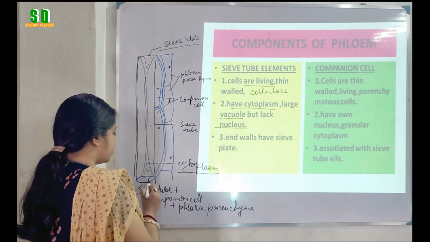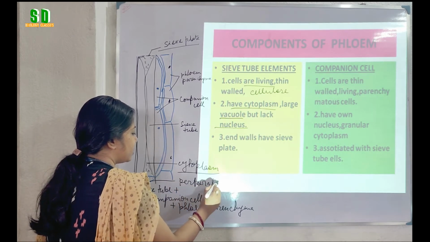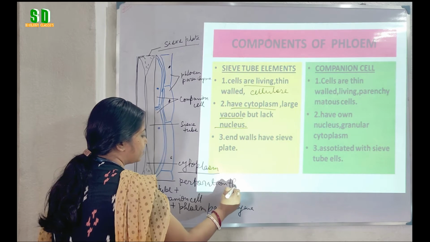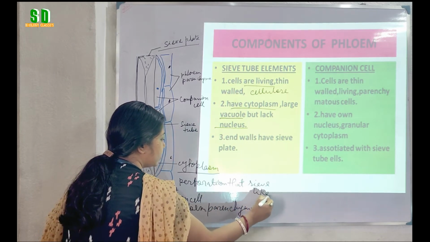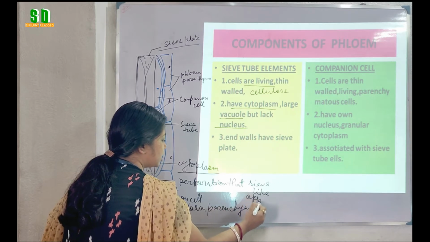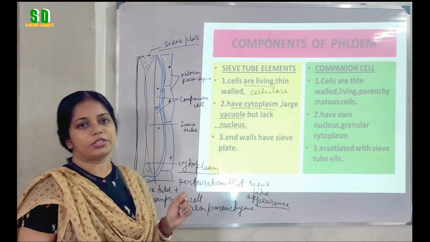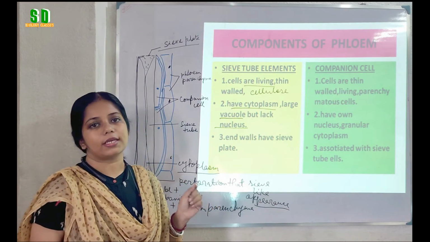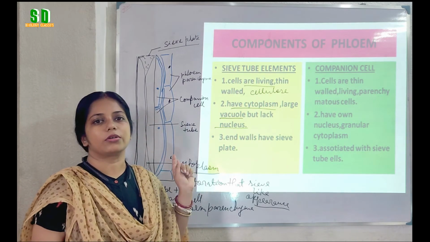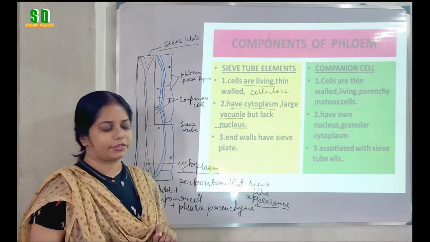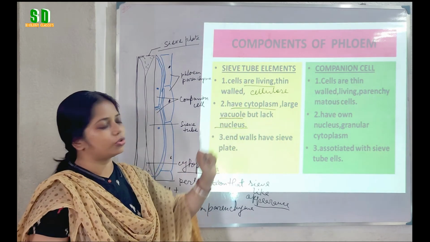In the end walls we get perforations, and these perforations make a sieve-like appearance. This sieve-like appearance in the end wall due to perforations is called the sieve plate. So the end wall of the sieve tube element has the sieve plate. These are the basic features of the sieve tube elements.